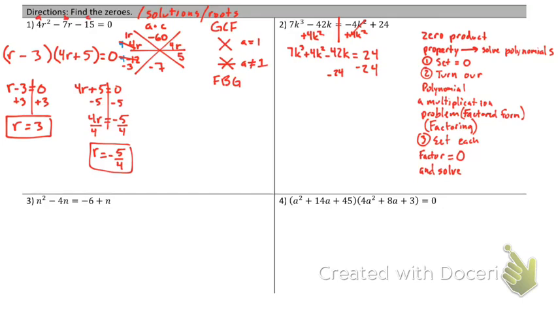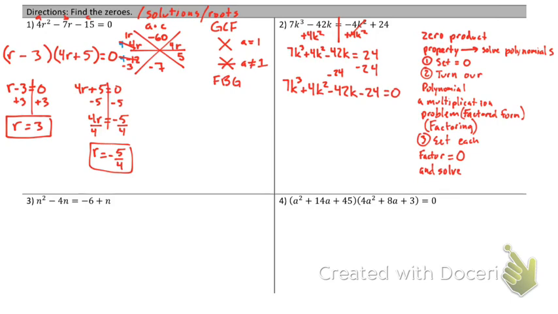Okay, so I have 7k to the third. And notice I'm putting it in standard form. So it's 7k to the third, then my next power is 4k squared minus 42k minus 24, all equal to 0. All right.